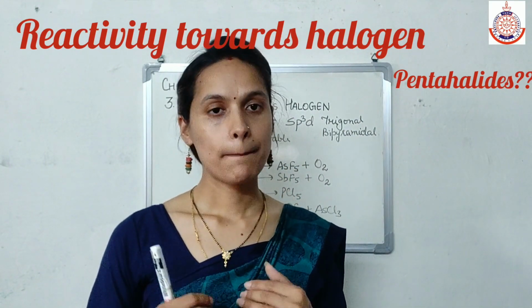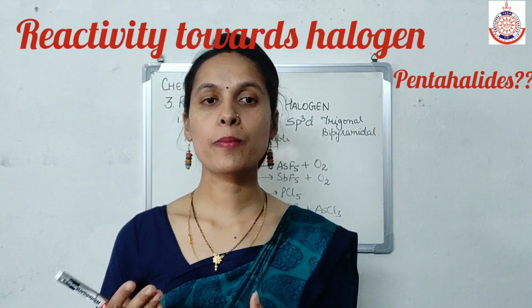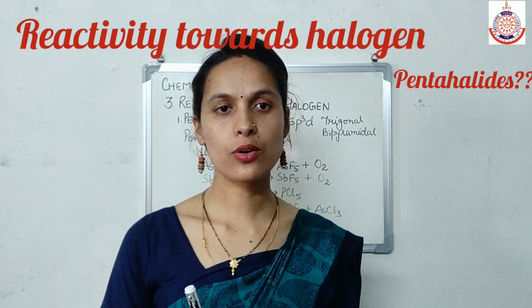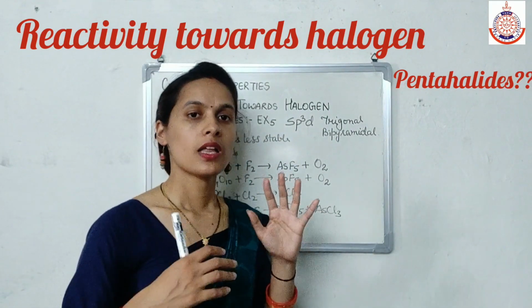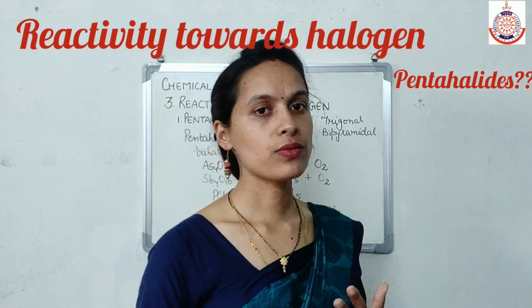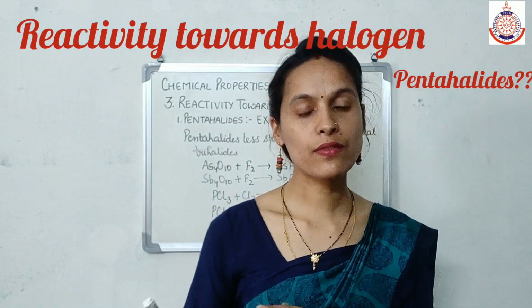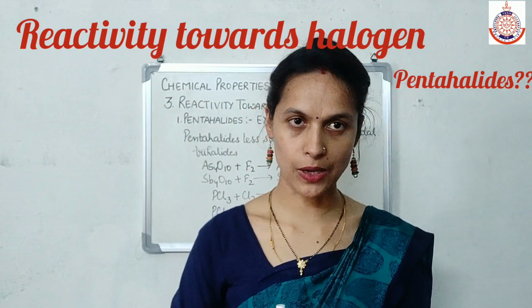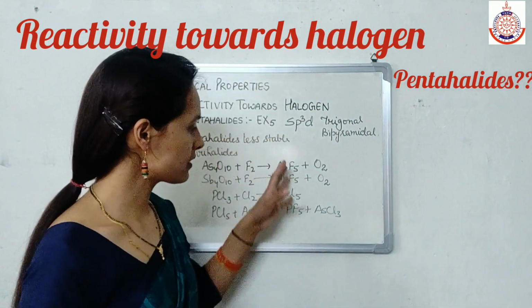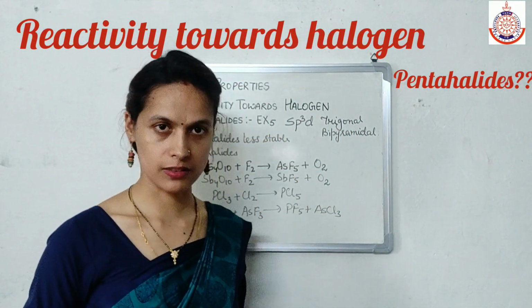The stable pentachlorides are only of phosphorus, arsenic and antimony. The stable pentabromide is only of phosphorus, and we don't have any stable pentaiodide of these elements. We can prepare these compounds with the help of this.